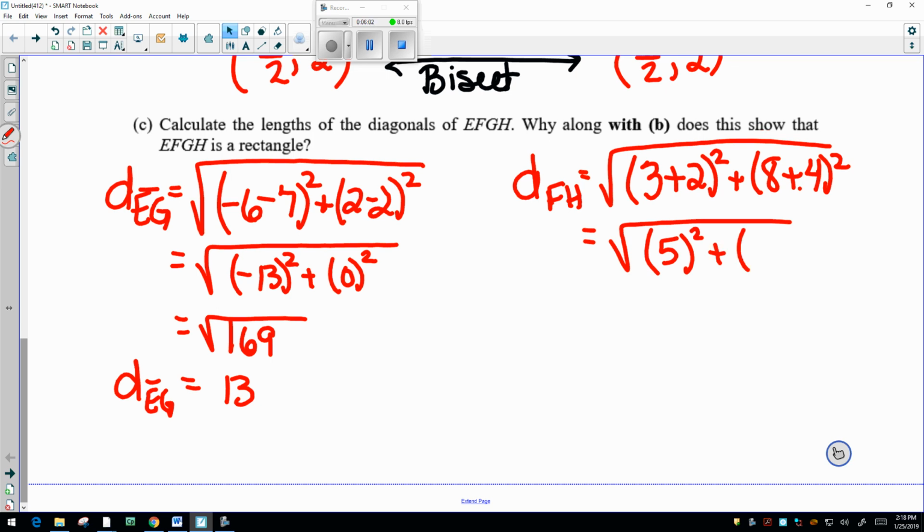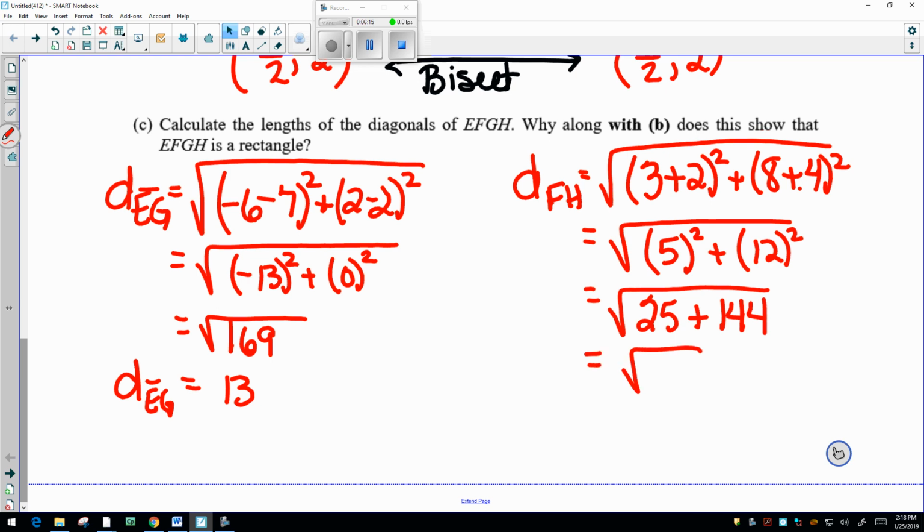Over here, if I simplify these parentheses, I'm going to have 12 squared. If we go back and square each of these, we get 25 and 144. And when we add that up, we get the square root of 169, which again is going to reduce down to 13.